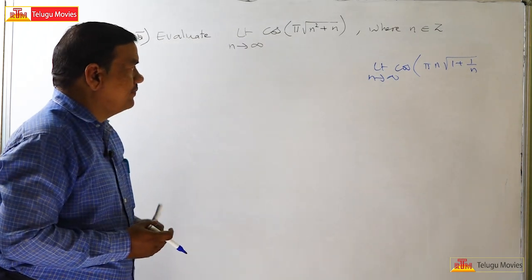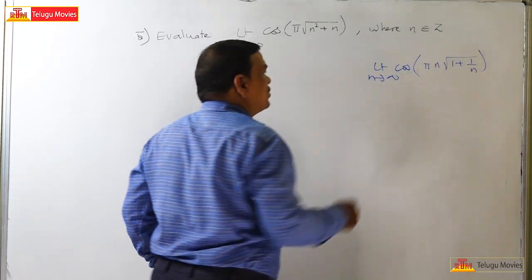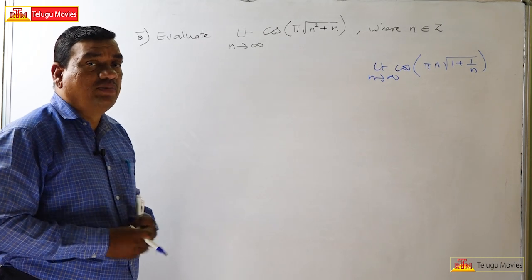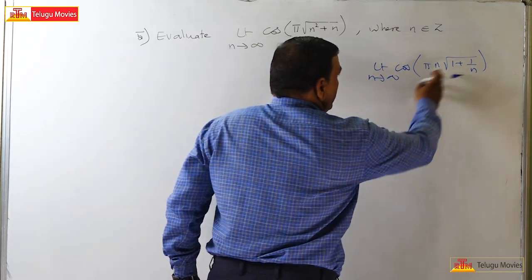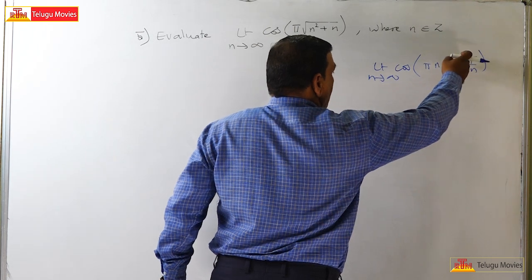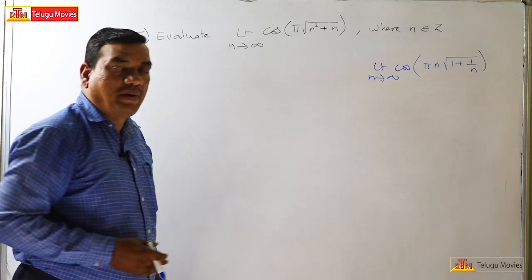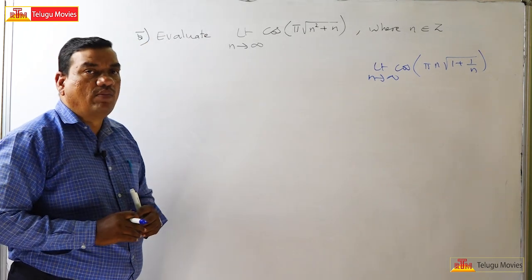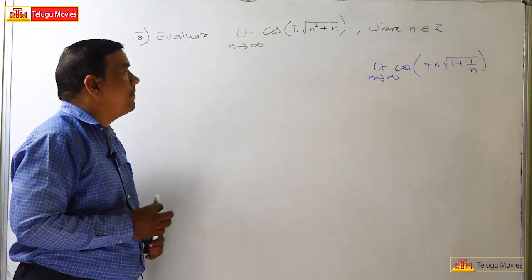No problem, as n tends to positive infinity, modulus of n is equal to n only. Then as n tends to infinity, 1 by n tends to 0, so the total inside the root is 1. So this is the limit as n tends to infinity of cos of infinity times pi. Then how to do this problem? The problem will break there. How to approach this problem?